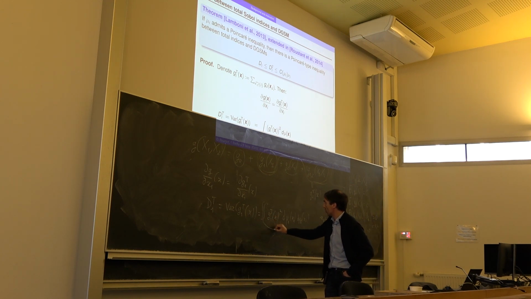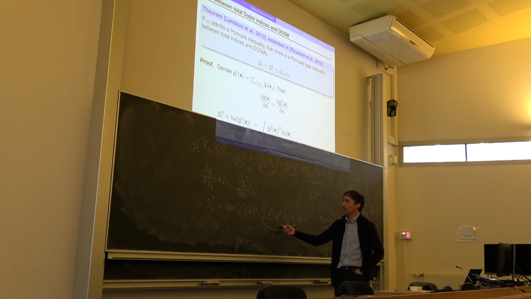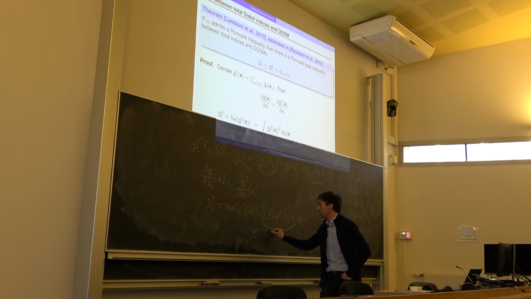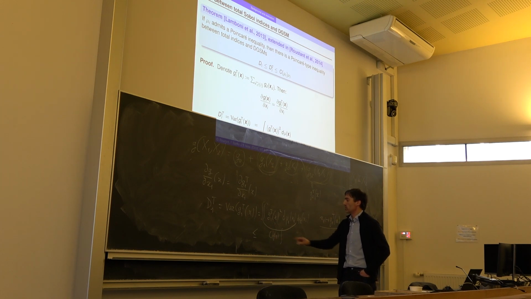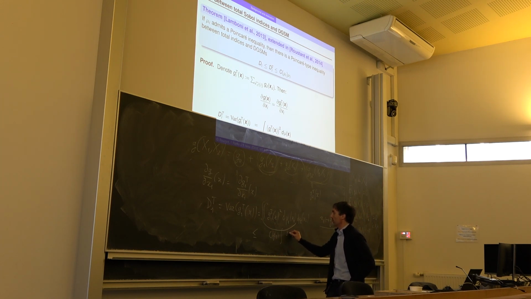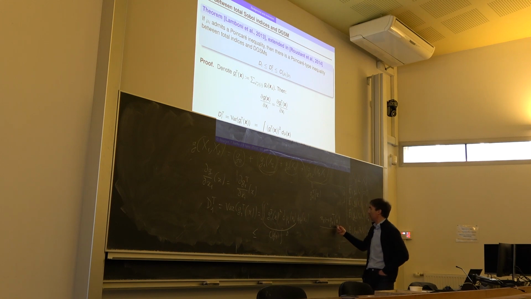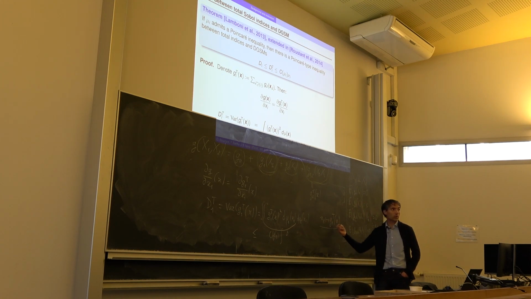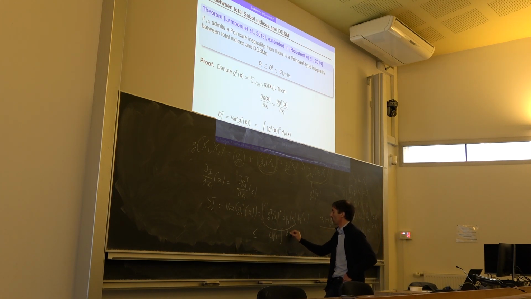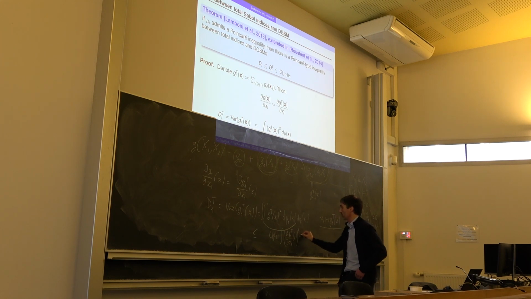And so for this integral, you obtain that it is smaller than the Poincaré constant times the derivative of this function, so it is a partial derivative, squared.